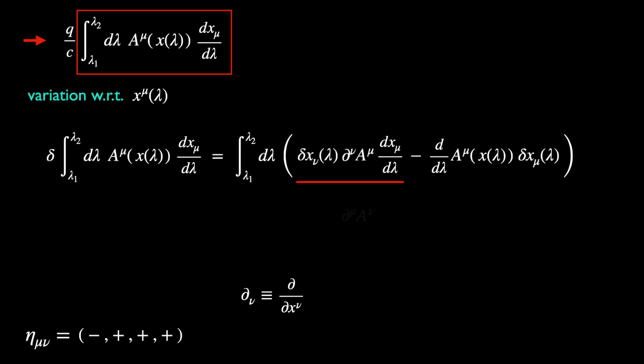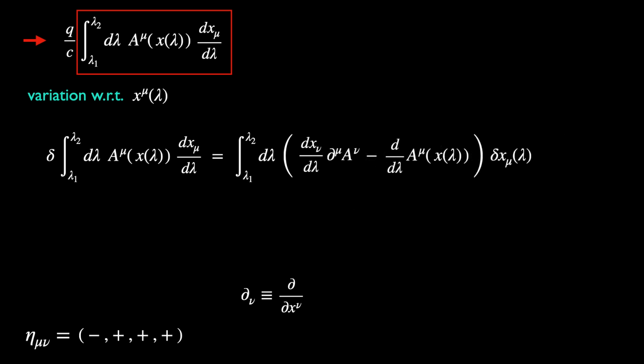Let's switch the dummy indices mu and nu. For the second term, we can once again use the chain rule.